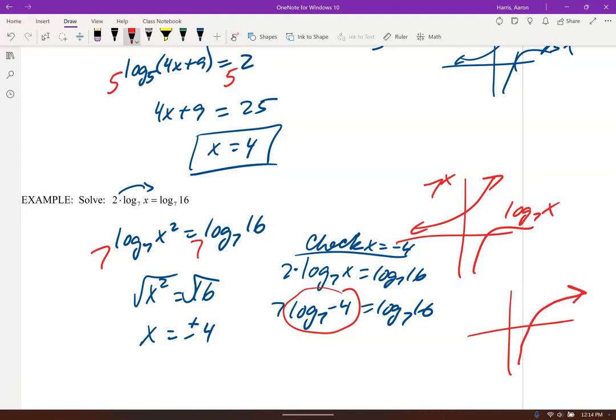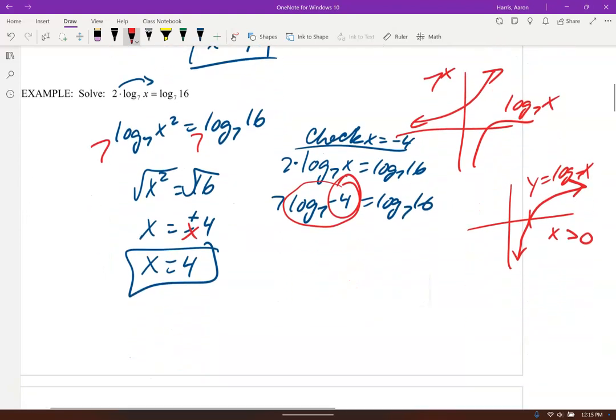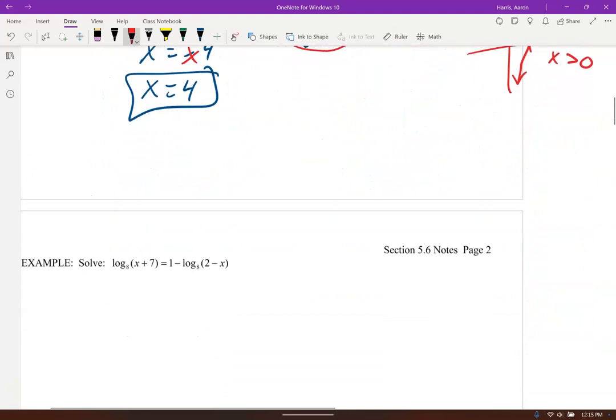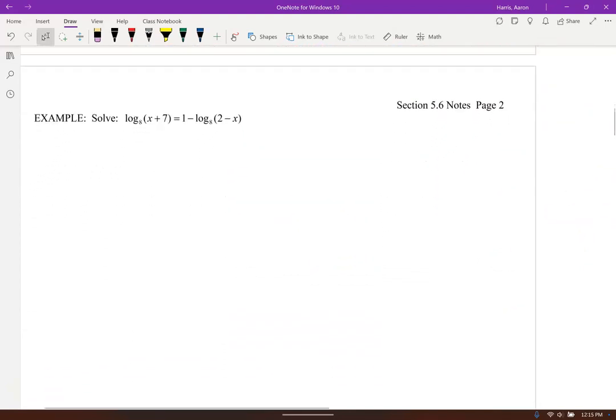This is what log base 7 of x looks like. This is log base 7 of x. Its domain is positive. You can't take the log of a negative number. So the only one here that works is 4. Throw out the -4, right? So okay, make sure you always check. Just make sure it fits and satisfies your domain. If not, you better reject it.